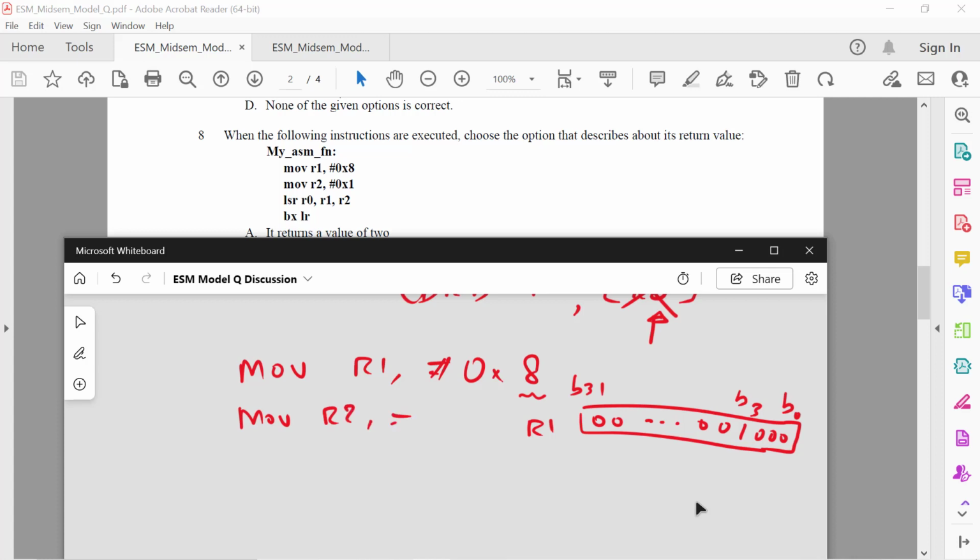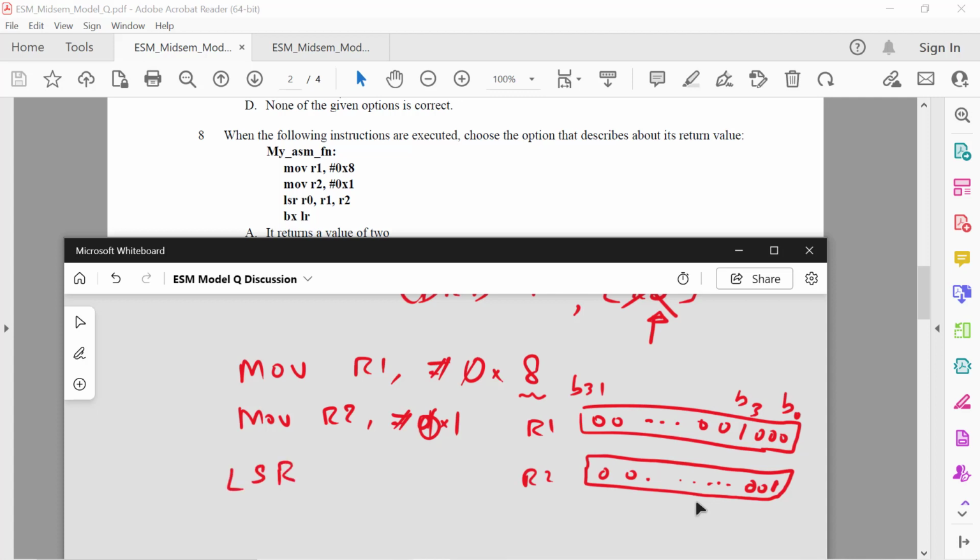R2 is getting the value 0x1. That means R2 is all zeros, because only one bit is 1. That's all. Now what is the next instruction?